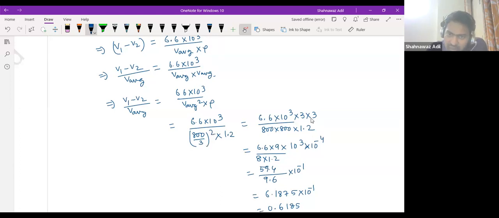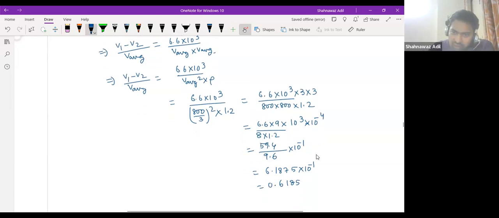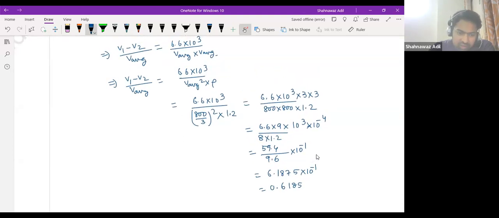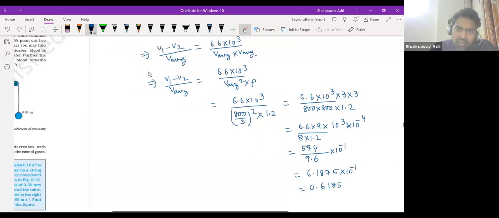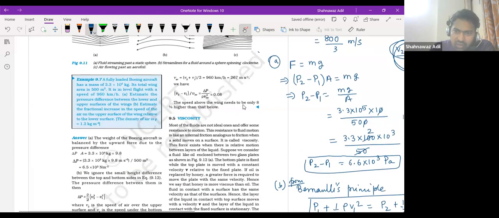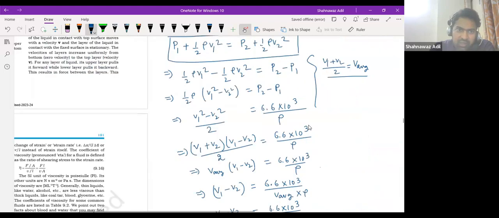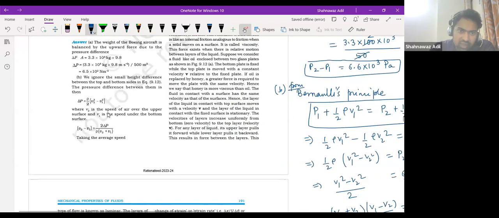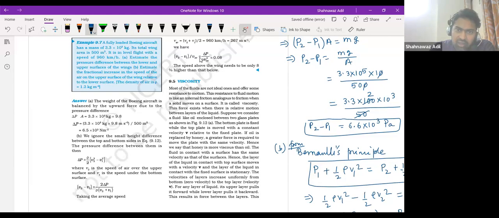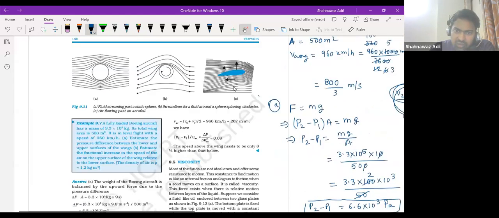So what is wrong here? Can you guys find out? Because this is the exact thing that we have calculated, delta P by rho V average square. So delta P we have got 6.6 and this one is also 267.